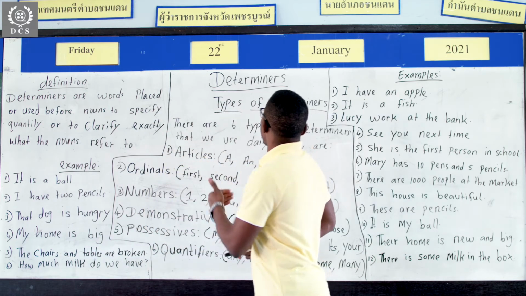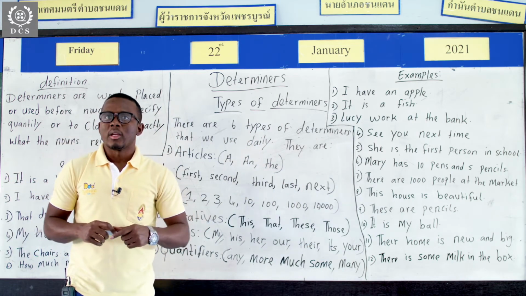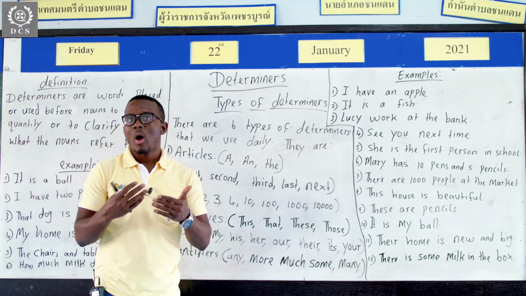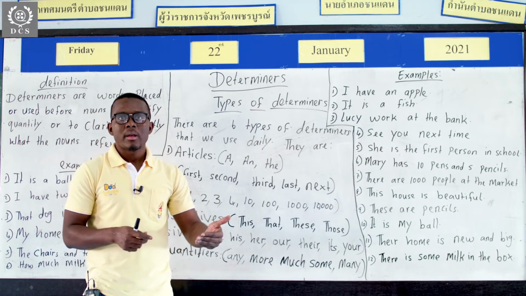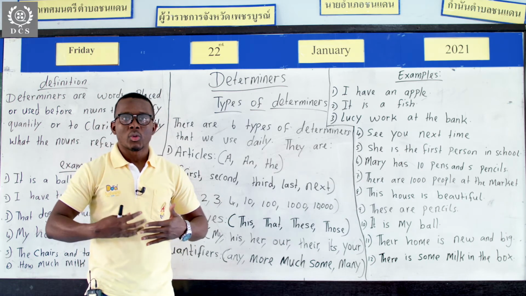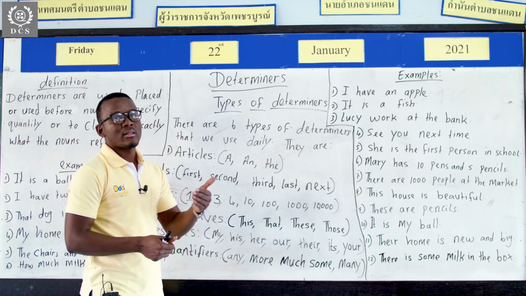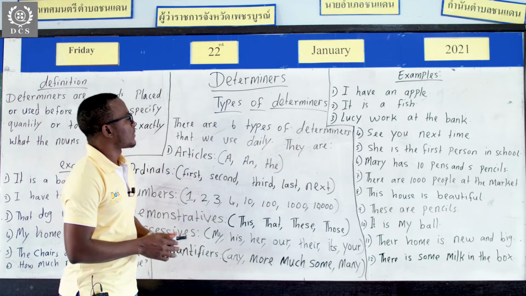So let's look over here. In the English language, there are 6 common or basic types of determinants that we use daily in our conversation, right? Let's look at it here.